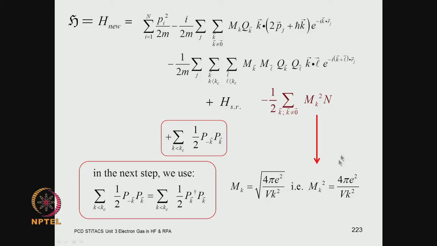So, we will rewrite this whole expression, which is now looking a little bit compact, by substituting this box by this box, which we know is correct, and by replacing this m squared by 4 pi e squared by V k squared.